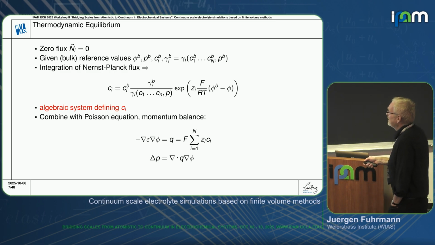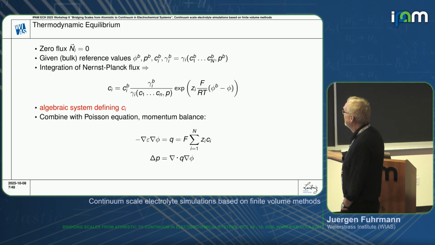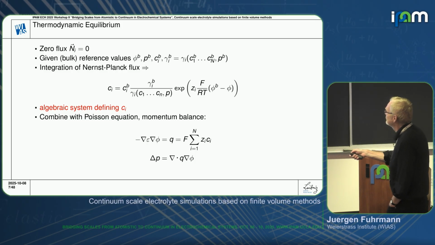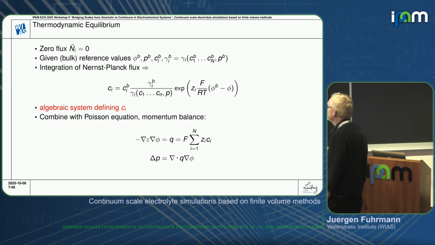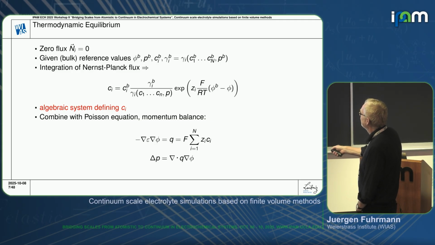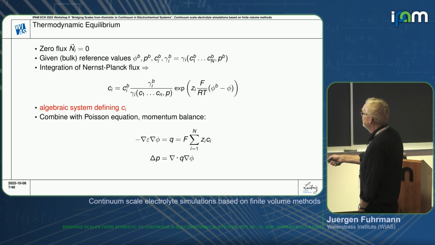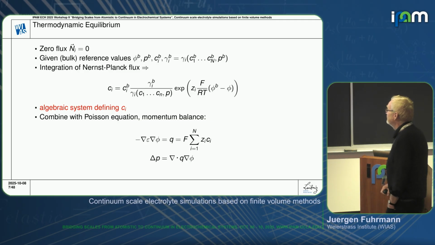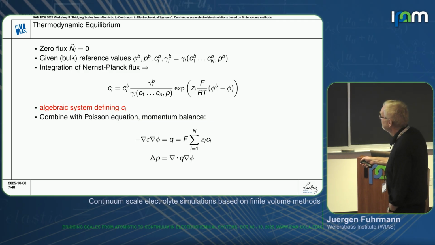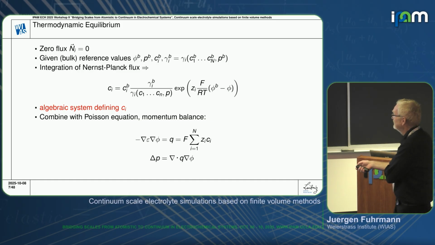Okay, so if you look at the thermodynamic equilibrium, we basically can integrate the Nernst-Planck fluxes. We set them to 0, give bulk reference values for concentrations, potentials and pressure, which then also give rise to the bulk values of the activity coefficients. And then we can, for instance, have this expression for the concentrations, which is an algebraic system which couples all the concentrations, if we write it in this way.